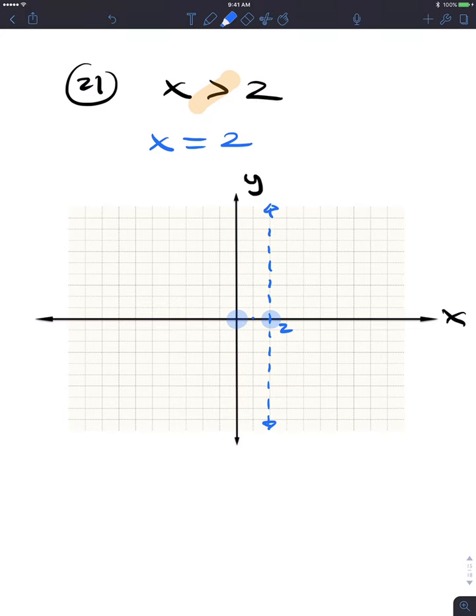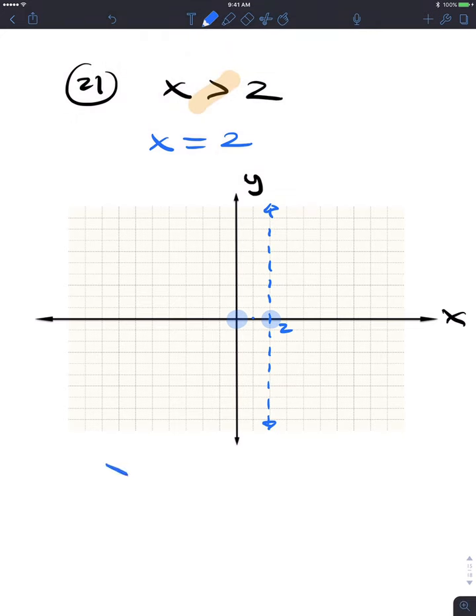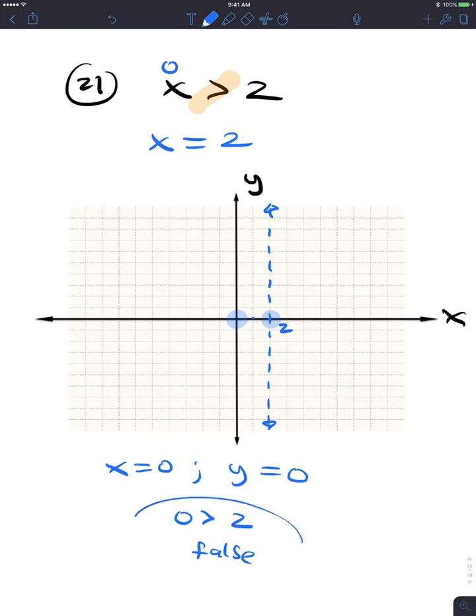My origin is available again, and what that means is my x coordinate value is 0, and my y coordinate value is 0. If I go back now and I plug in 0 for the x because there is no y coordinate value, I get 0 is greater than 2. This is a false statement. So we have to shade the region that does not include the test point.